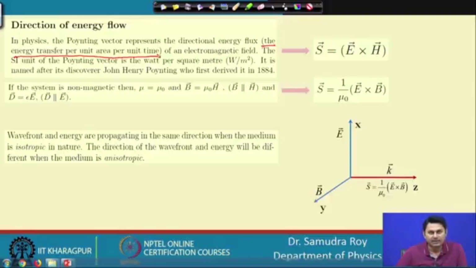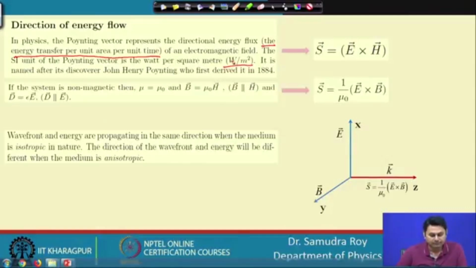Obviously, this quantity has a unit, and the unit is straightforward: watt divided by meter square. The energy propagated per unit time is power, and per unit area gives meter square. So, it is power divided by meter square.